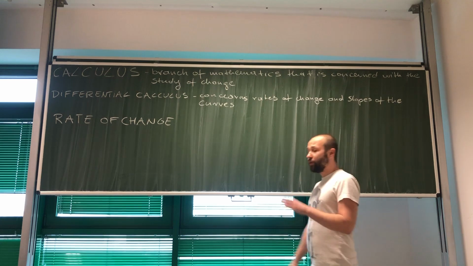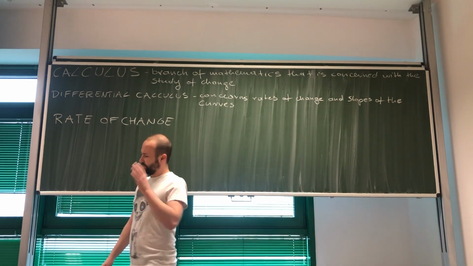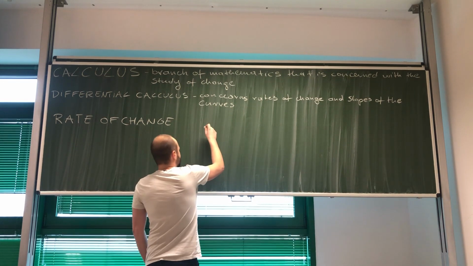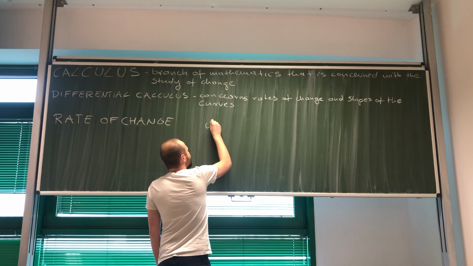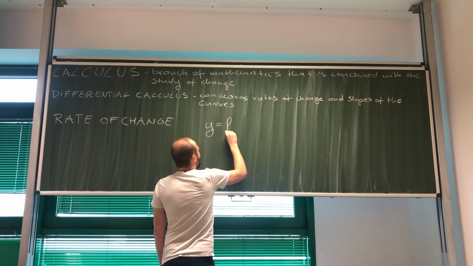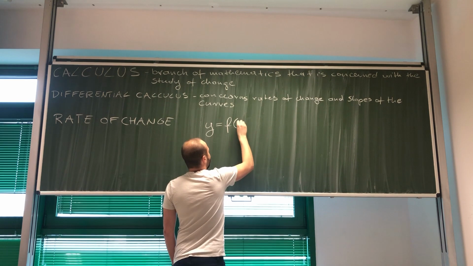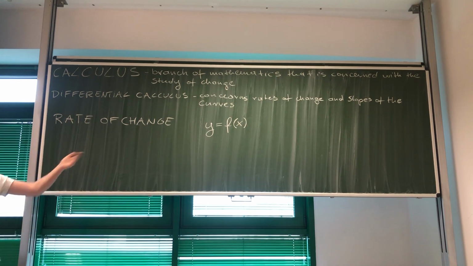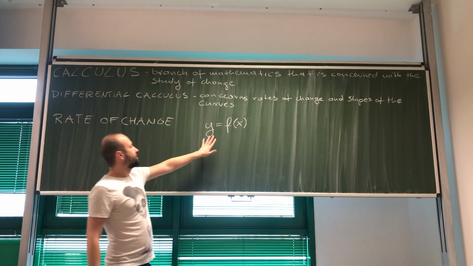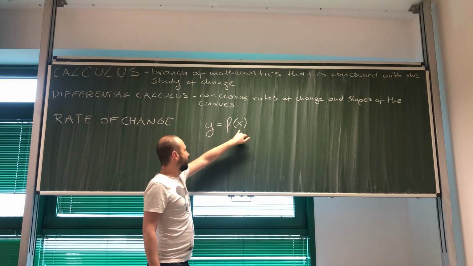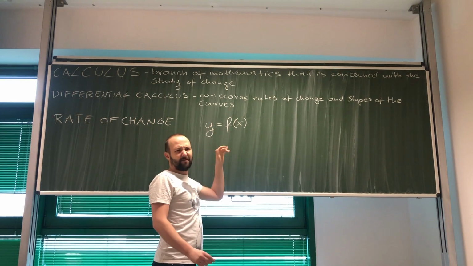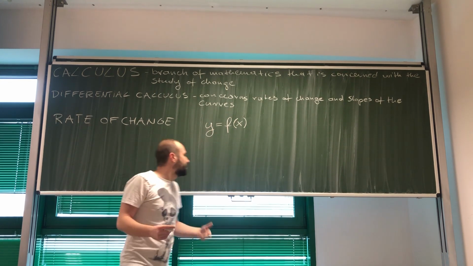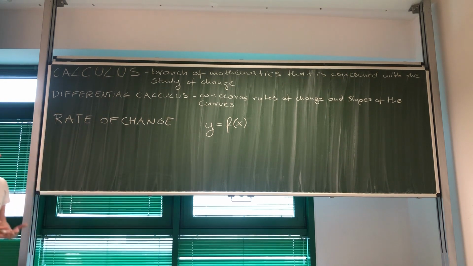What we're going to be doing for now is a function of just one variable. So we've got y as a function of x, or y equals f of x. We know that values of y depend on values of x through some function which is usually given to us in the form of some formula.